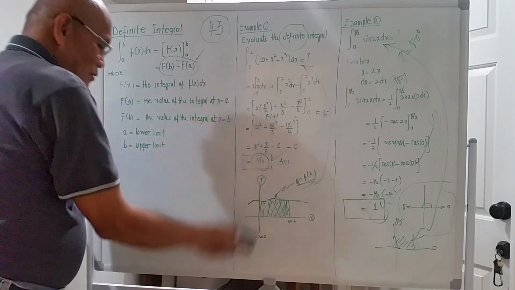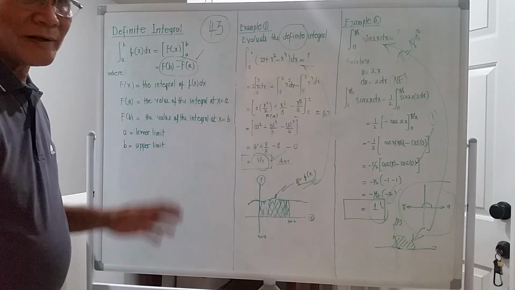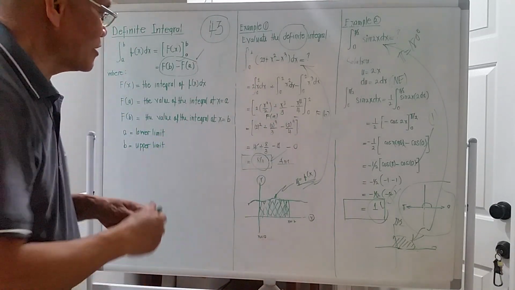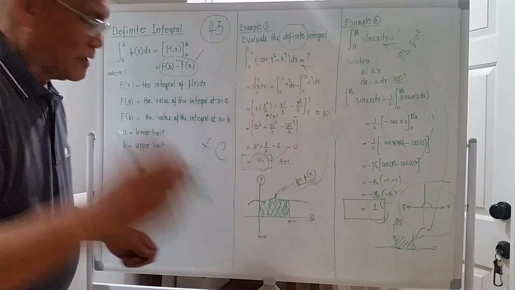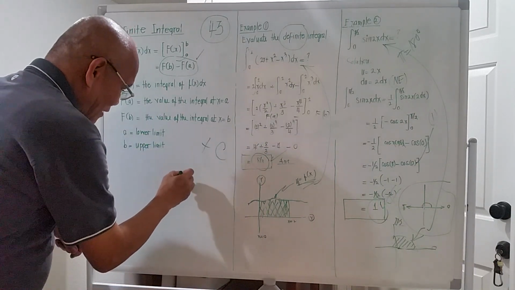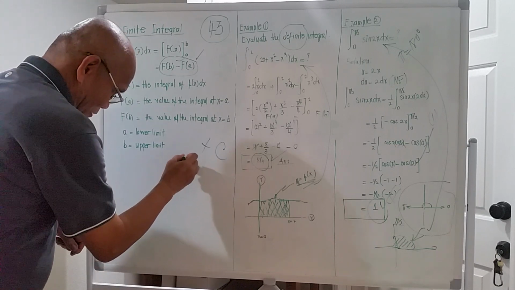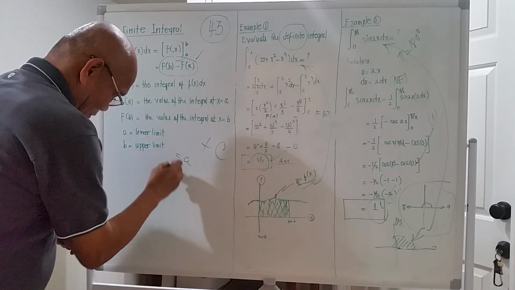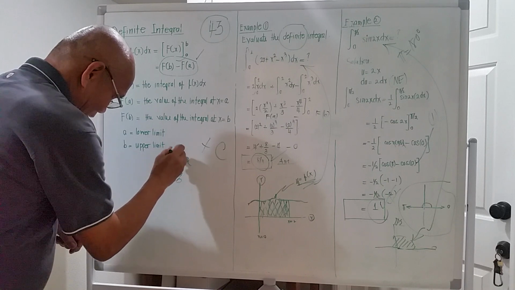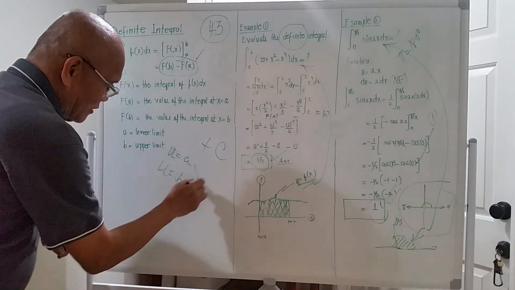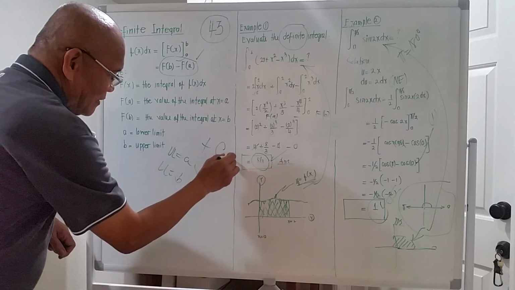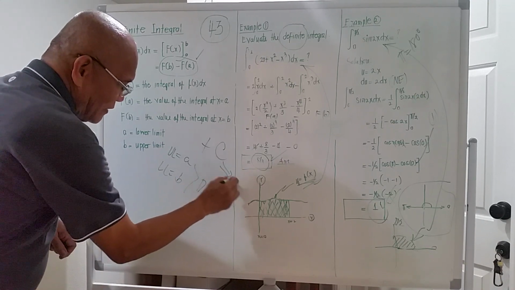The difference between definite and indefinite integral: under indefinite integral, there is a plus c. And under definite integral, there is a lower limit b and upper limit a. Upper limit, lower limit. This is for definite integral. This is for indefinite integral.